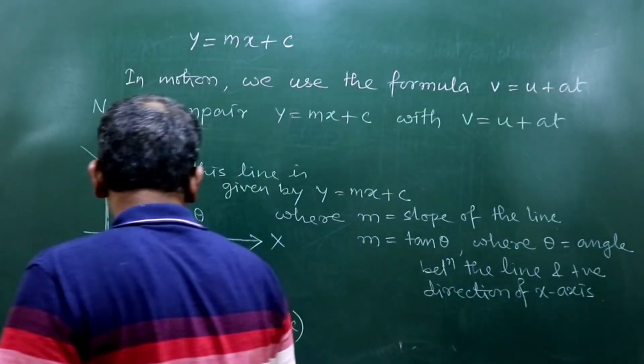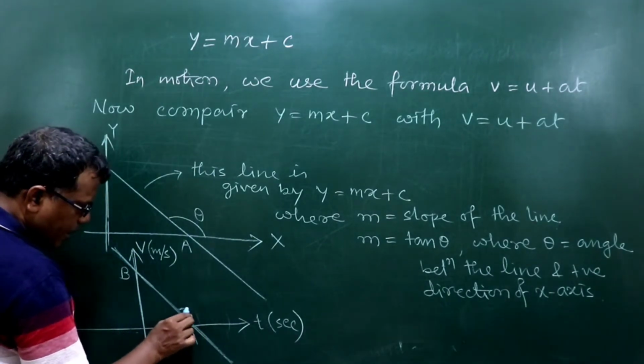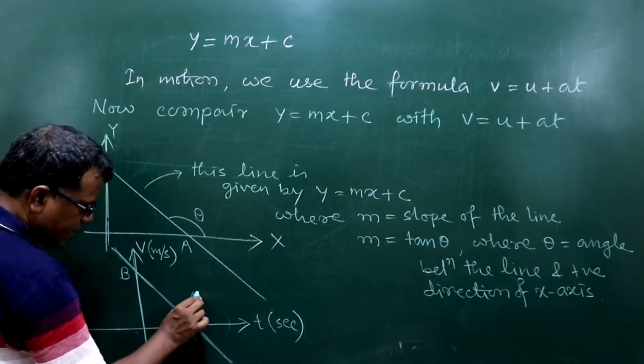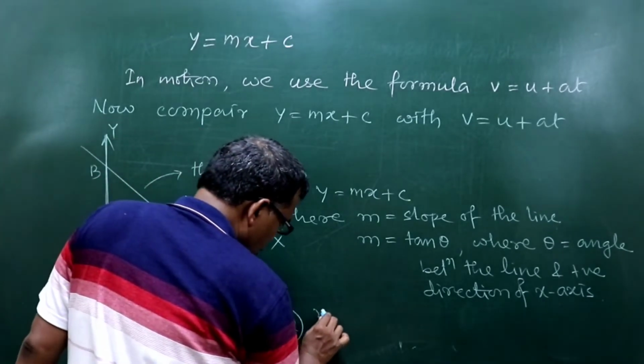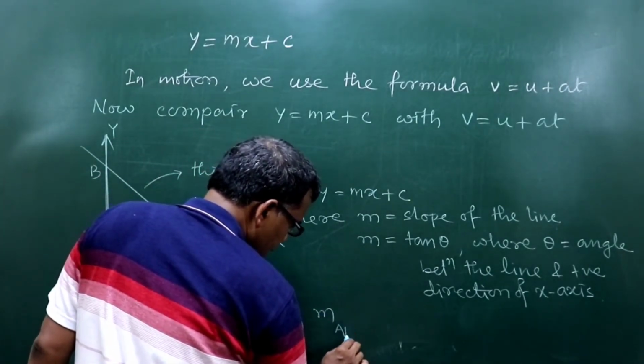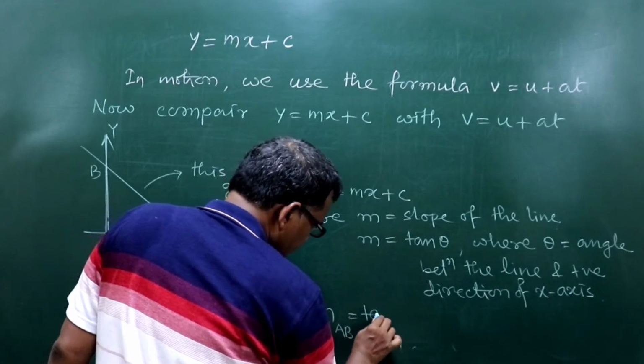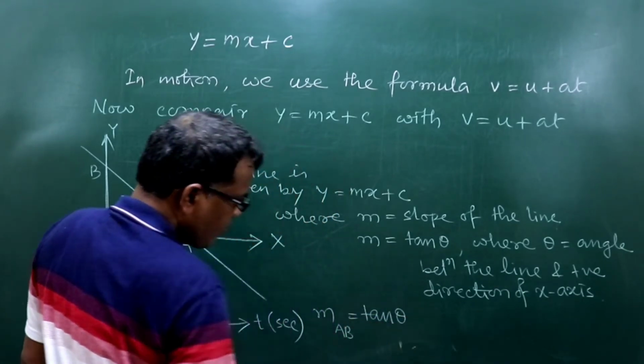Then again, taking the angle theta between the line and the positive x direction, the slope of AB, m_AB, can again be written as tan theta.